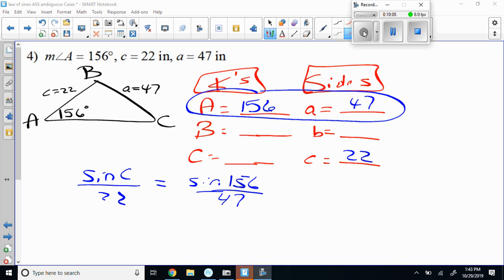Now, can I do this? Is everybody okay with doing this? If I need an angle, I have to deal with the inverse of the sine, right? Is everybody with me on that? So 22 is going to go there, right? When 22 goes there, I'm looking for the angle C, correct? So what I'm going to do is this.